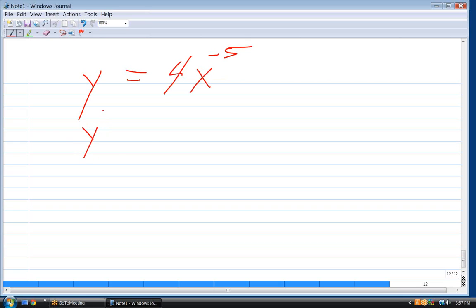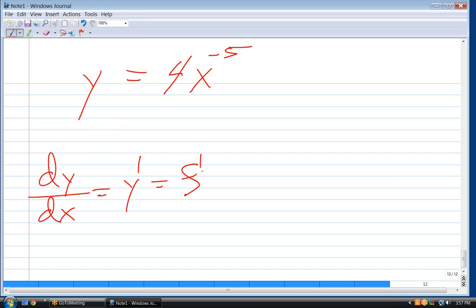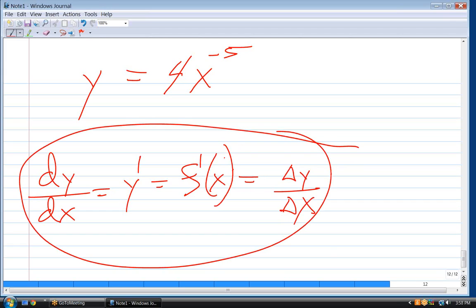Now you're familiar with when I write y prime, you're familiar with what that means. In other words, a lot of these terms mean the same thing. dy dx is the same as y prime. It's the same as f prime of x. It's the same as delta y over delta x. All of these mean the same thing. It's just some of them are a little more descriptive.